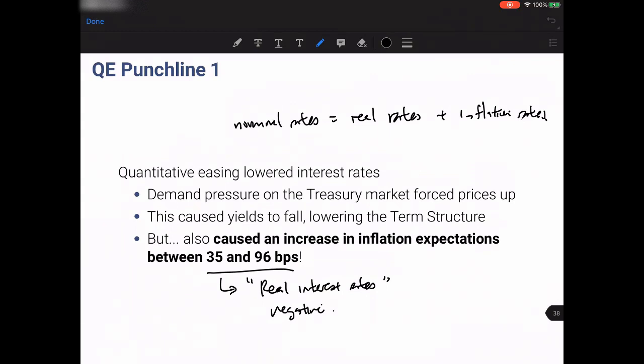So let me write that down. What this implies is that there's no alternative investment with lower risk, and therefore lenders lose real value.